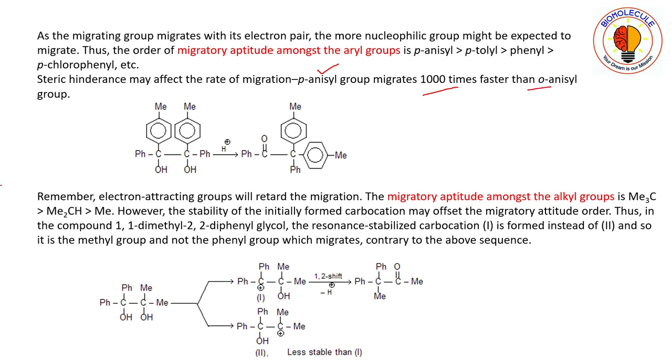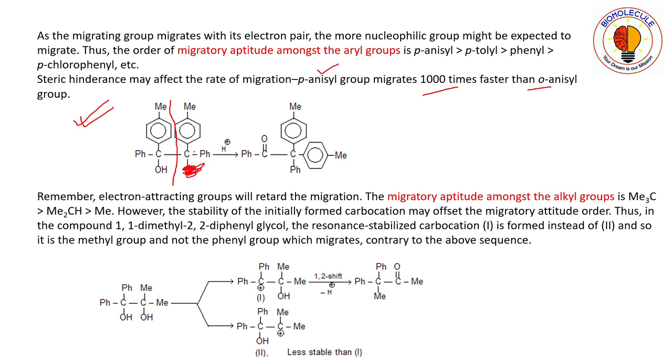Now in this example, you can see that this molecule is symmetrical around this carbon-carbon single bond. If you draw one line, see here, this is a symmetrical molecule. Now we have to take into consideration, suppose here this water molecule leaves.